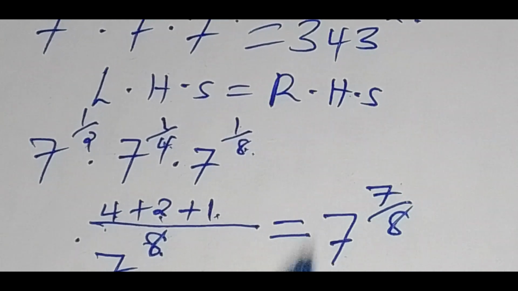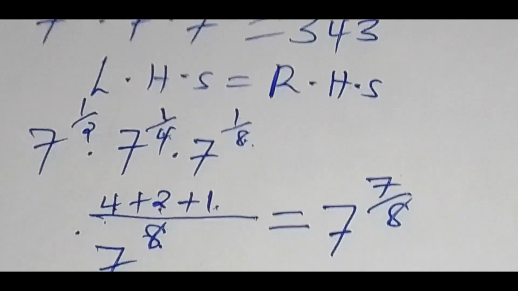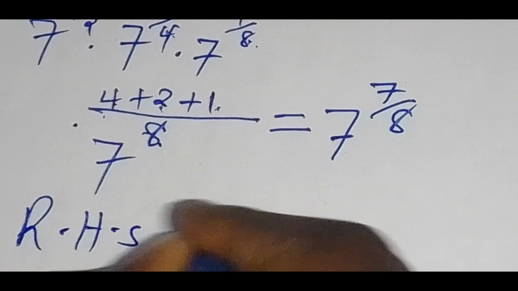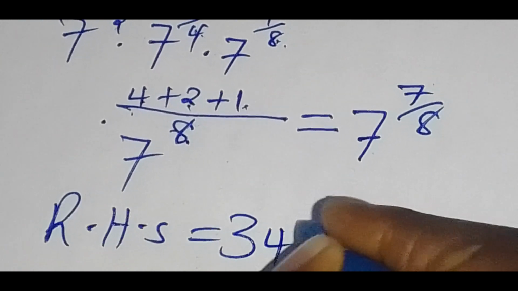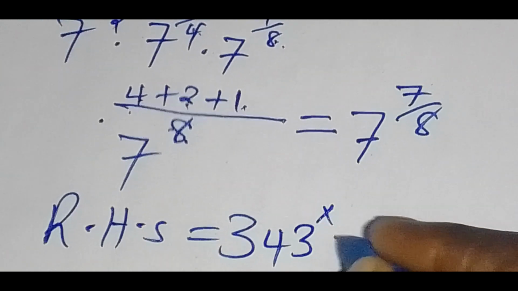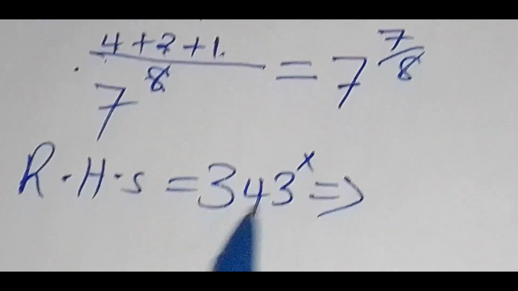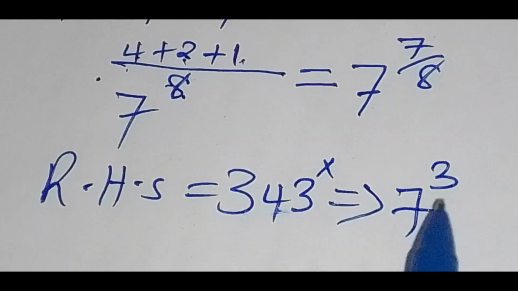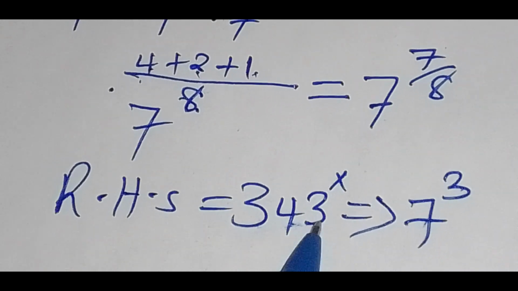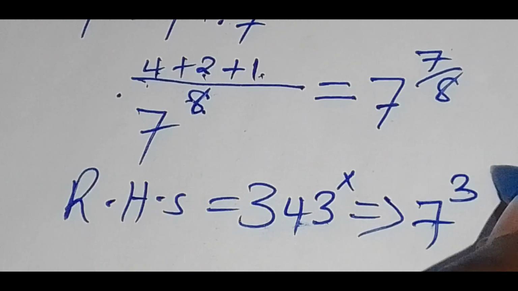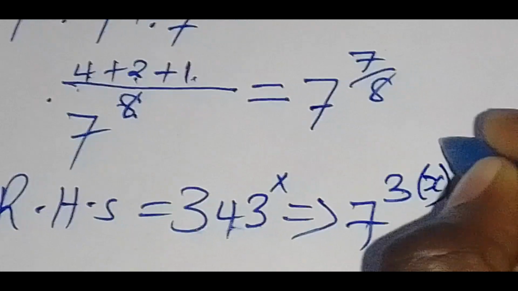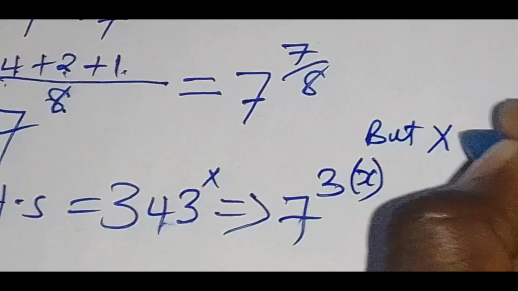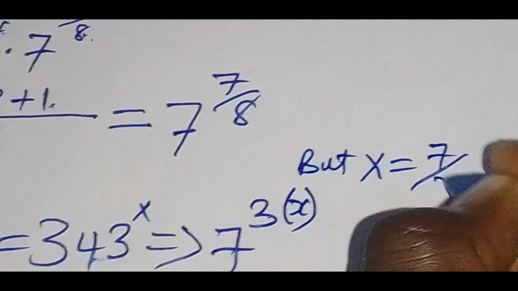Okay, and now let's get to the right hand side. We have 343 raised to power x. Okay, so we can express 343 as 7 raised to power 3. If you say 7 cubed, you're going to get 343, raised to power x. But what is x? x is equal to 7 over 24.